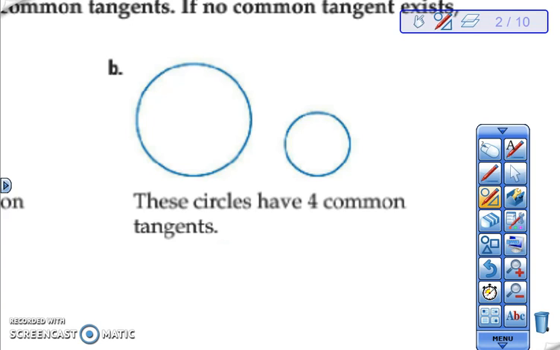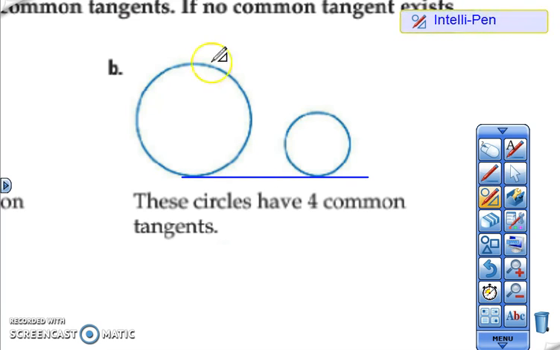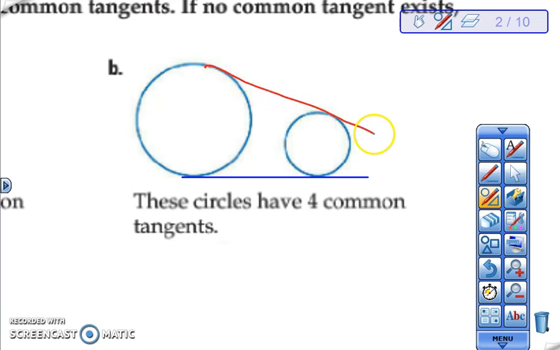When we look at this example, we can again draw going across the bottom. We can again draw going across the top.